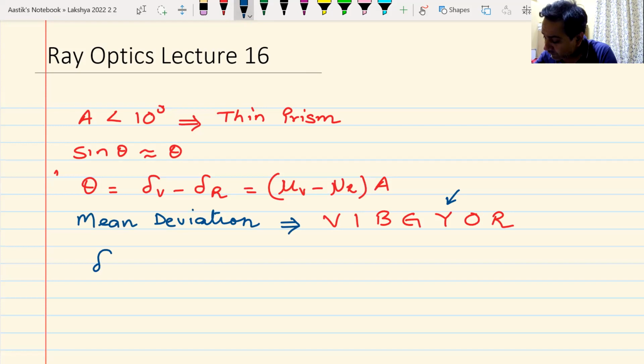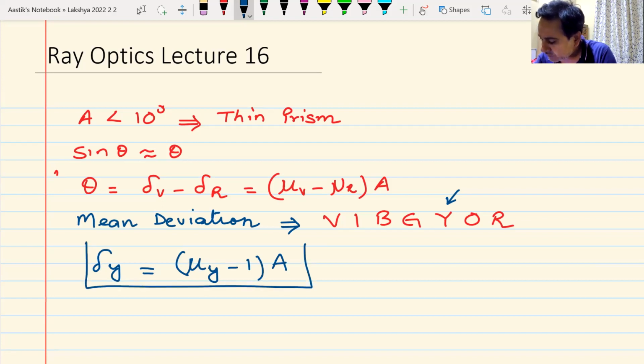So the deviation of the yellow light, which is nothing but mu for yellow minus 1 times A, is known as your mean deviation.